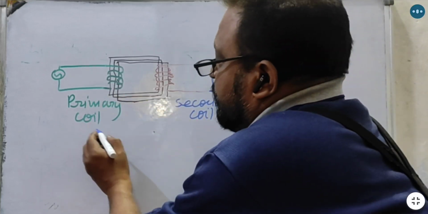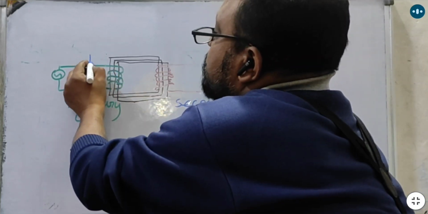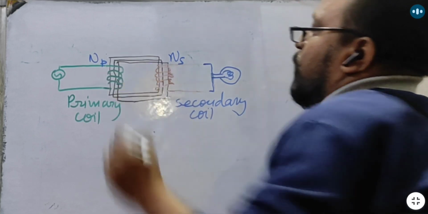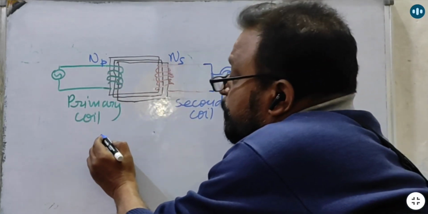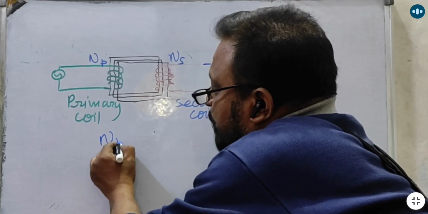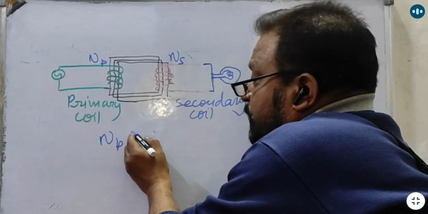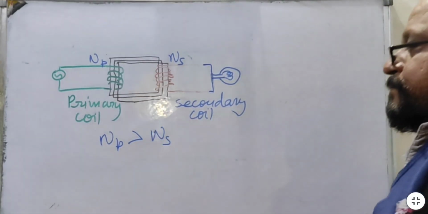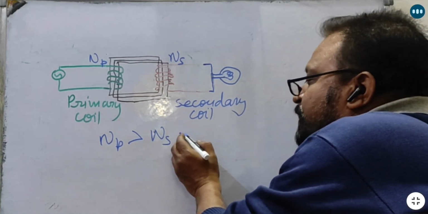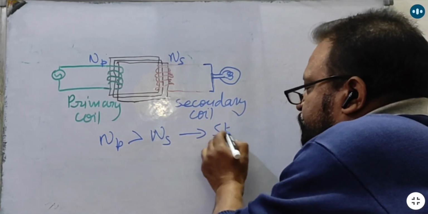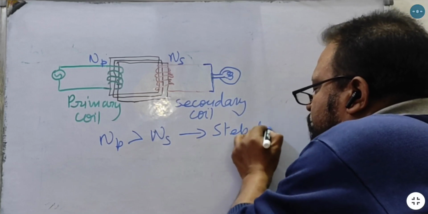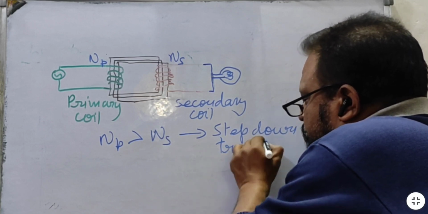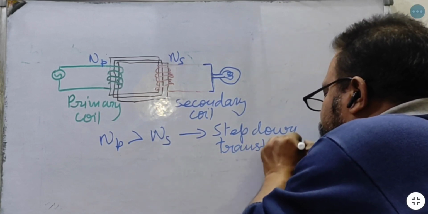Number of turns in the primary coil, NP, and this is the number of turns in the secondary coil. Right? So when the number of turns in the primary coil is greater than the number of turns in the secondary coil, then it is called a step down transformer.